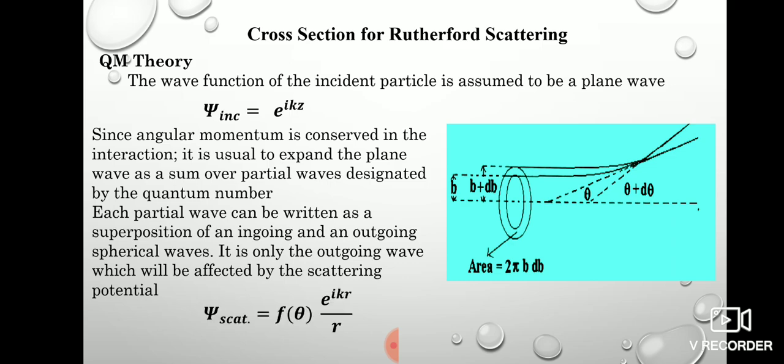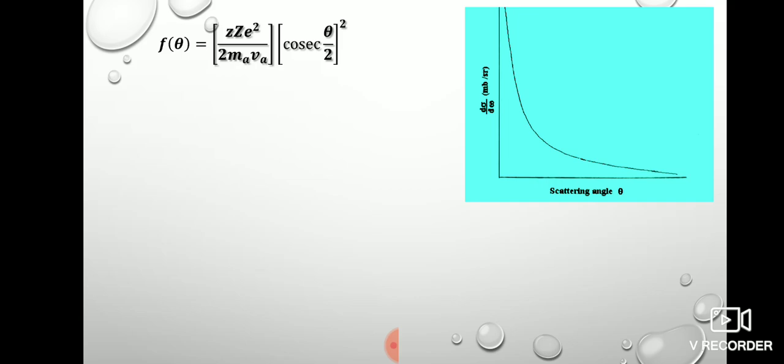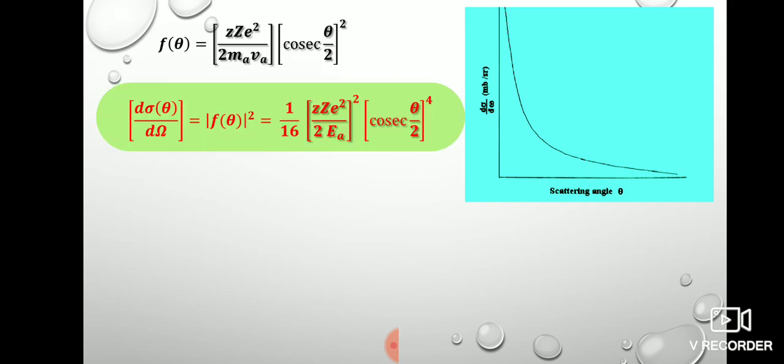So I can represent the scattered wave function as a spherical wave emerging from a point, that is psi scattered equal to f of theta e raised to i k r by r, which is the equation for a spherical wave. Here f of theta is called the scattering amplitude, and in this case f of theta will be Z Z squared e squared by 2 M a v a squared times cosec theta by 2 the whole squared, and the square of this f of theta gives out the scattering cross section.